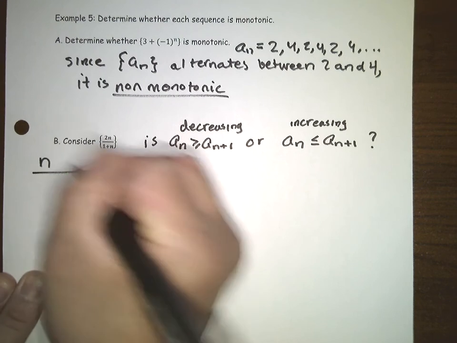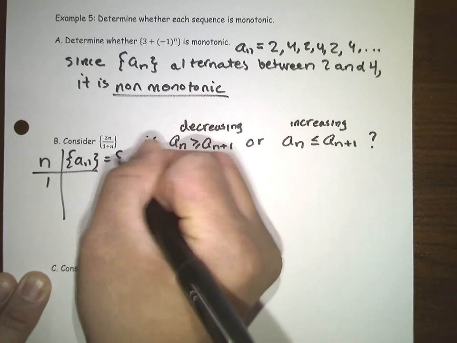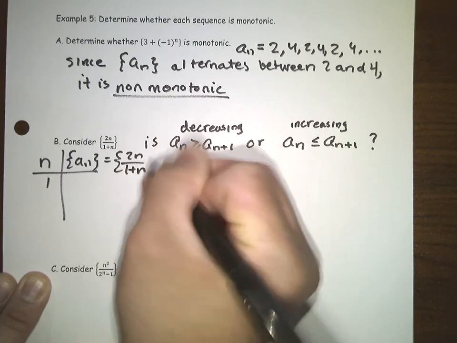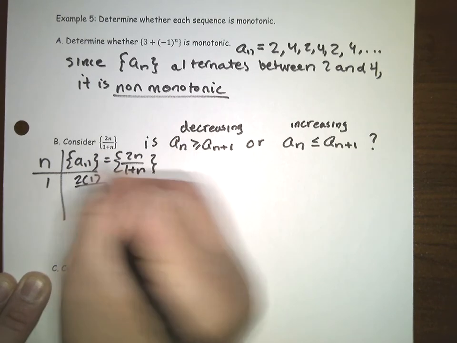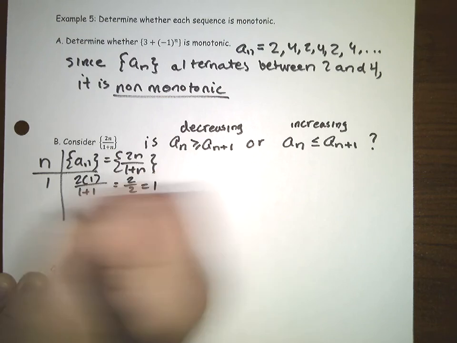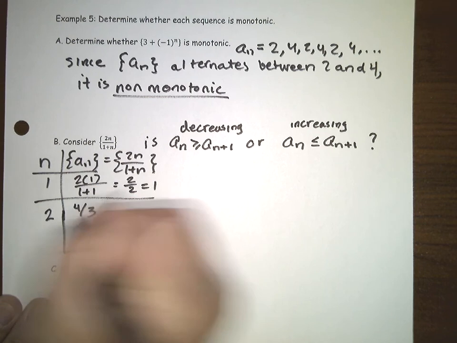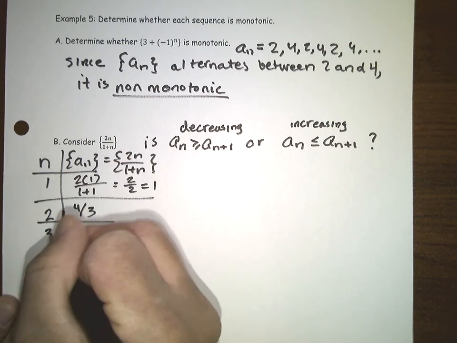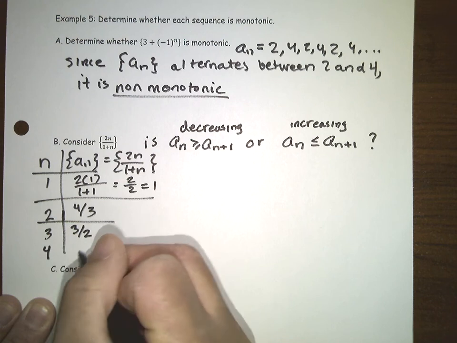So if n is 1 and a sub n is 2n over 1 plus n, we have 2 times 1 over 1 plus 1, that is 2 over 2, which is 1. If n is 2, I have 4 over 3. If n is 3, I get 3 over 2. And if n is 4, I have 8 over 5.